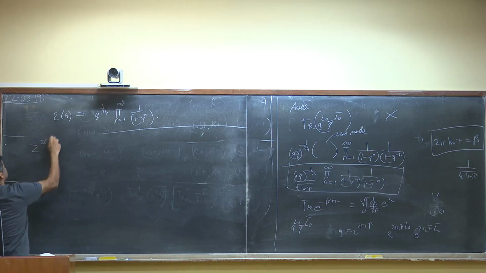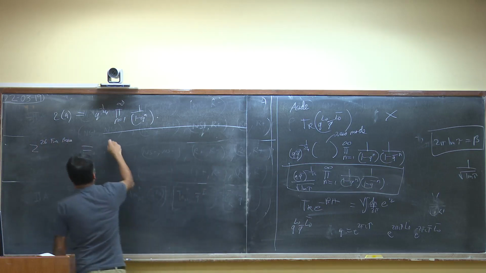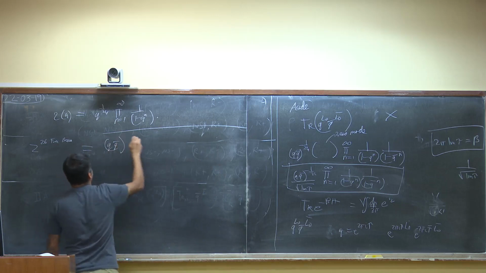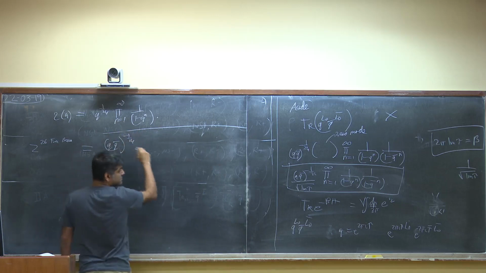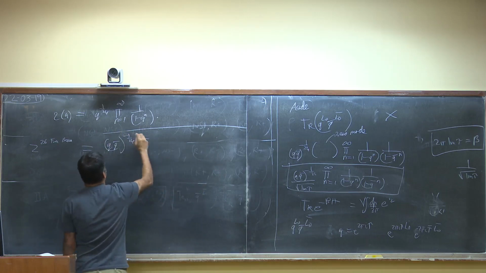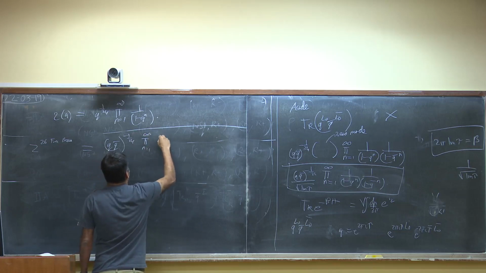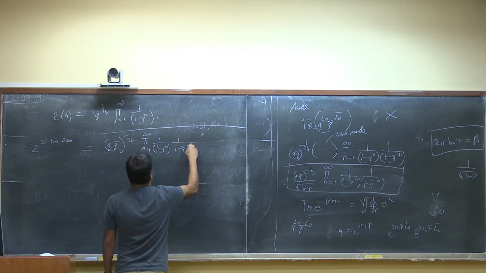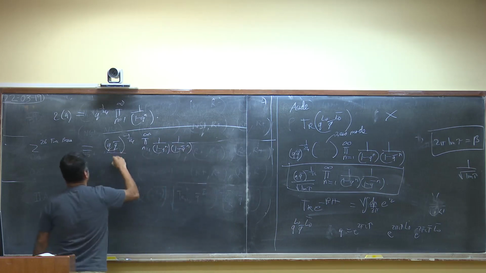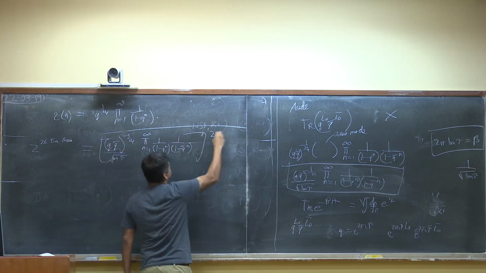So Z of 26 free bosons is equal to q bar to the power minus 1 by 24, product n equals 1 to infinity of 1 over 1 minus q to the power n, 1 over 1 minus q bar to the power n, times square root of Im tau, the whole to the power 26.